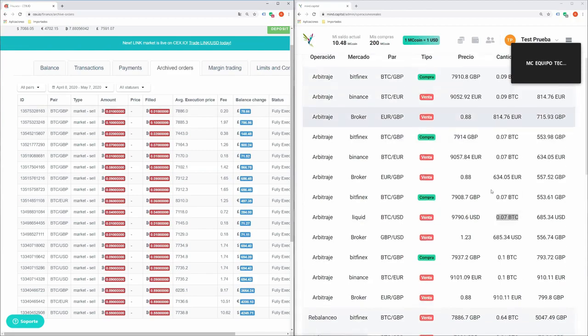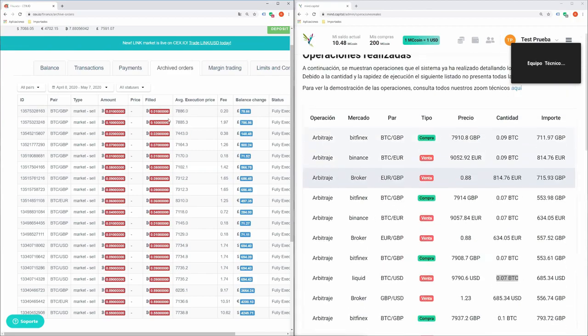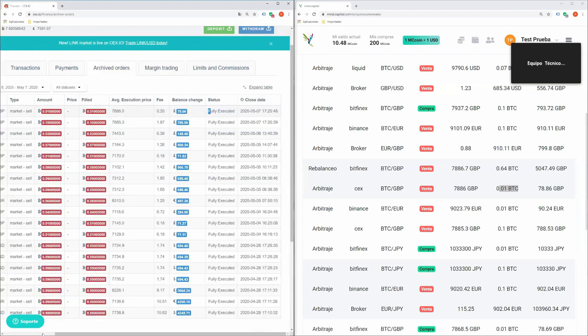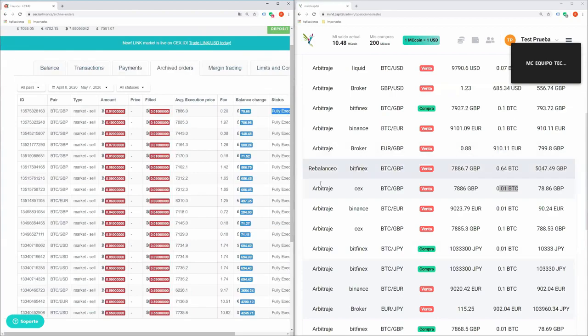This pair, BTC GBP. Okay. The price is this one. The price is the same price. And the amount is maximum 0.01 BTC. Okay. It's fully executed. Okay. If we look for another one, here is another one.